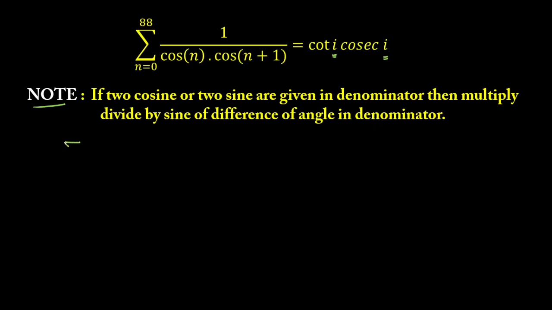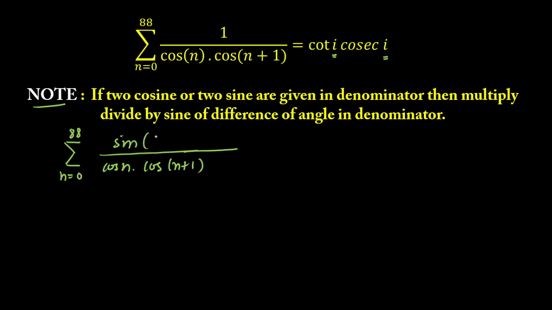So the summation is dependent on the value of n, where n is equal to 0 to 88, and we have cos of n multiplied by cos of n plus 1. Now we multiply and divide by the sine of the difference.